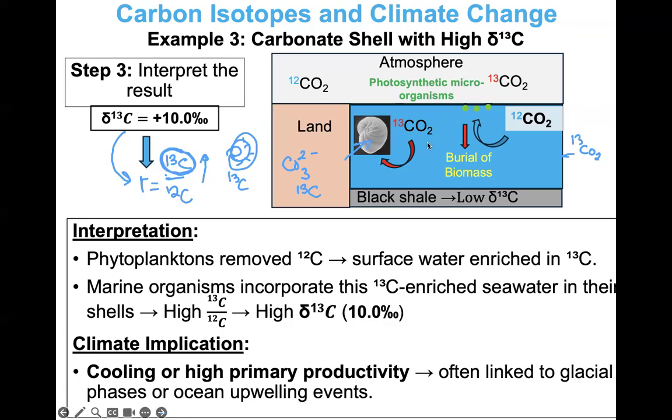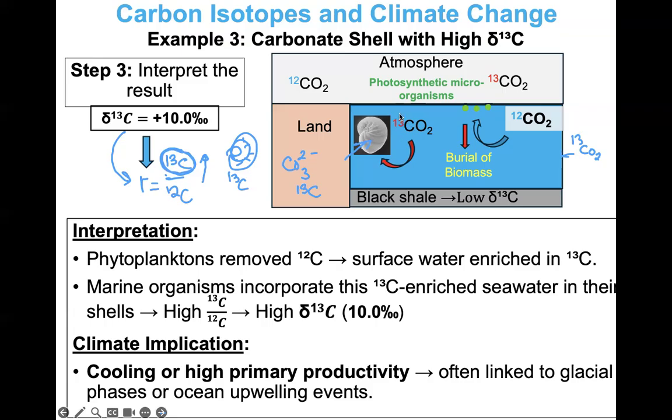Because when you have a high positive value here in the shell, it means someone is removing CO2 from the air, which is the plants. So this indicates either high primary productivity, which means loss of black shell, and it can also mean cooling, because anytime living things, plants, remove CO2, we end up having more C13 in the water, which would be incorporated into the shell.